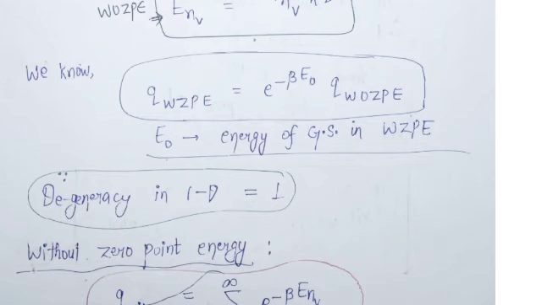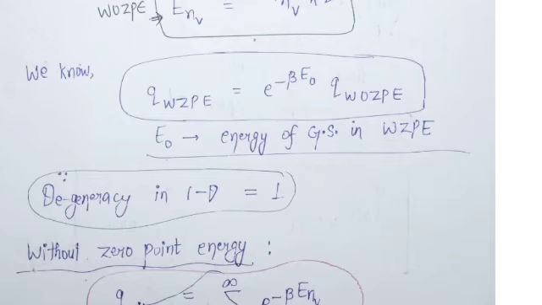So if you have to relate both systems, at that point of time you will use this formula. Here E naught is the energy of the ground state in the system with zero point energy, because when we derived it from the formula, it is the value of the system having zero point energy.